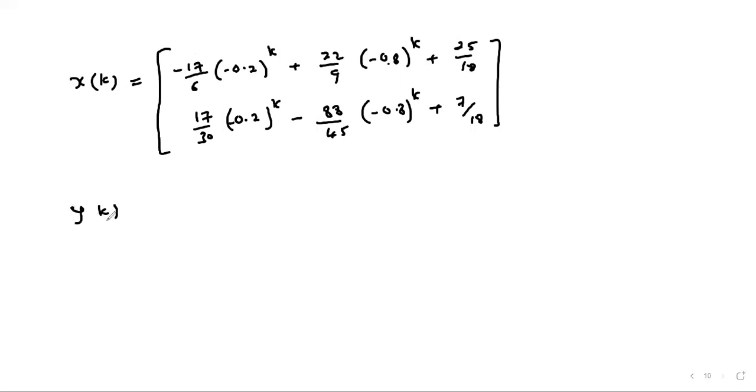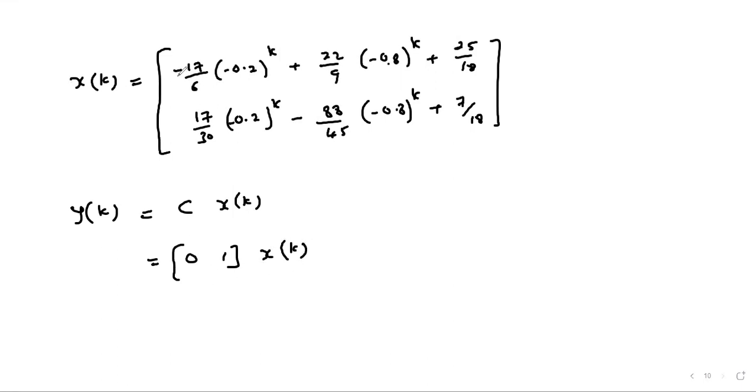Finally, our output Y of k is C multiplied by X of k. Our matrix C was given as 0, 1. So you'll have 0, 1 multiplied by X of k.